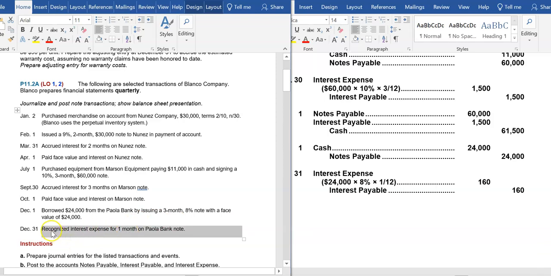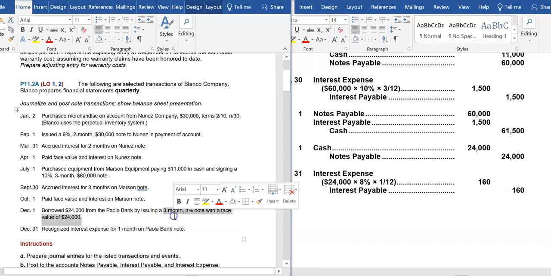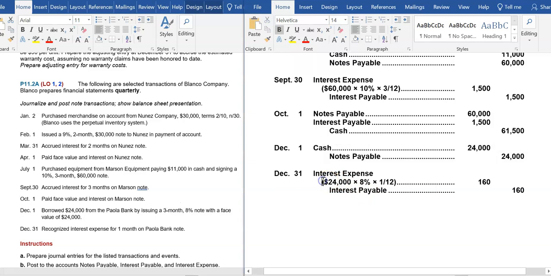So we will debit the interest expense and credit interest payable. To calculate the amount, we will multiply the face amount of the note times the stated interest rate times the fraction of the year. Debit interest expense to record the expense incurred, and credit interest payable for the liability.